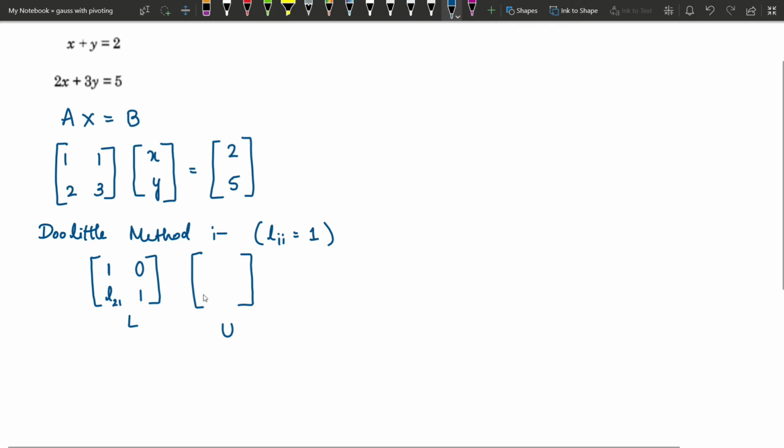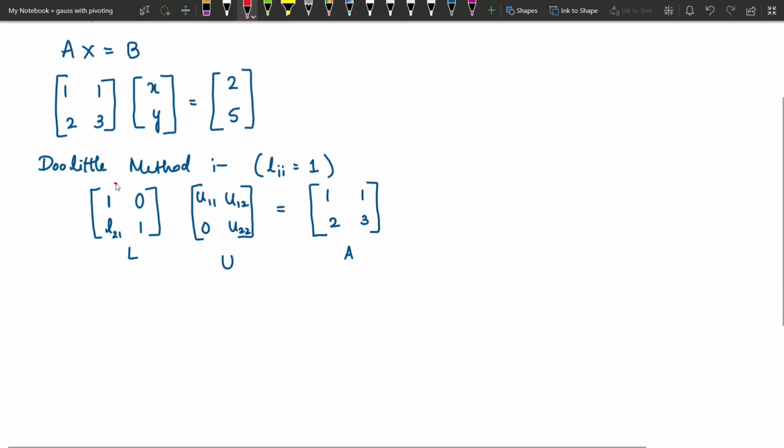Lower triangular matrix diagonal elements are 1, and since it is lower triangular, the upper part is 0. Here we have second row, first element, L21. That's it. Now in the upper triangular matrix, the lower triangle element is 0. We have U11, U12, U21 is 0, U22. This is equal to the coefficient matrix A, which is 1, 1, 2, 3.